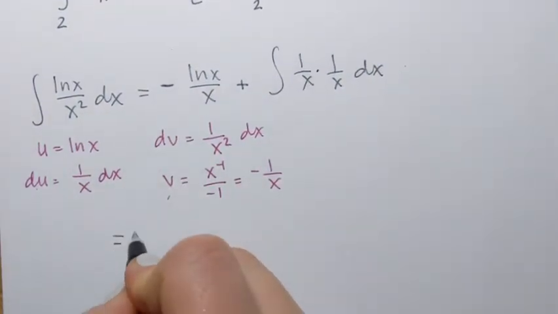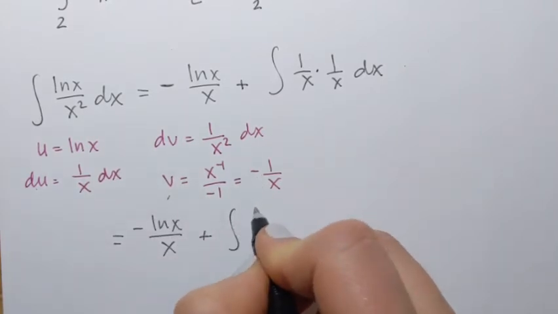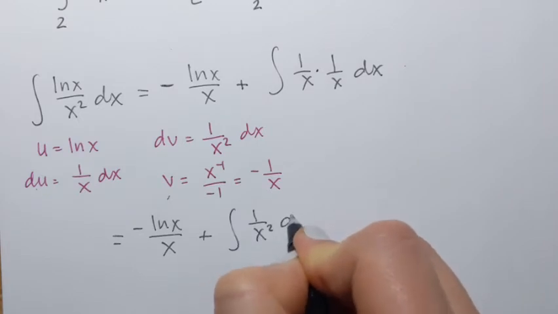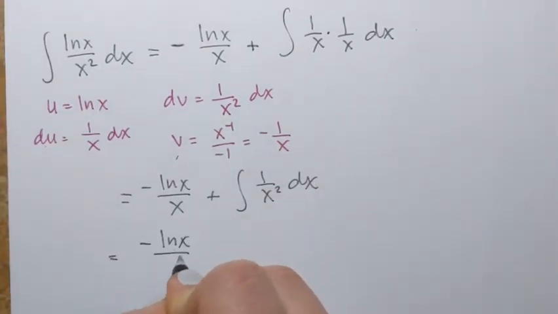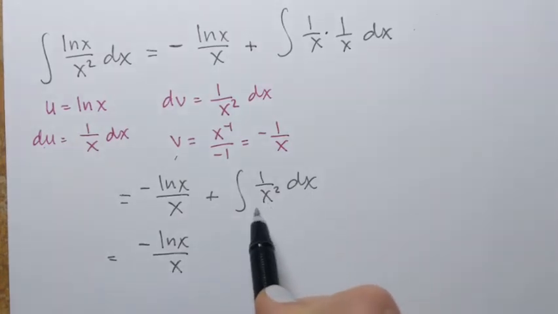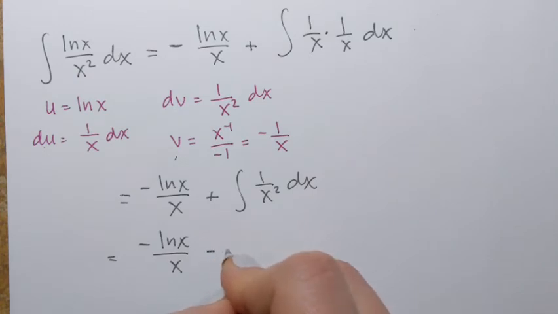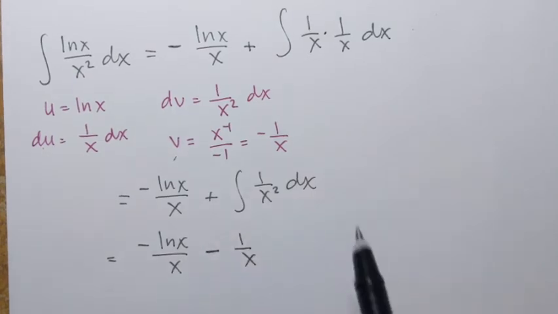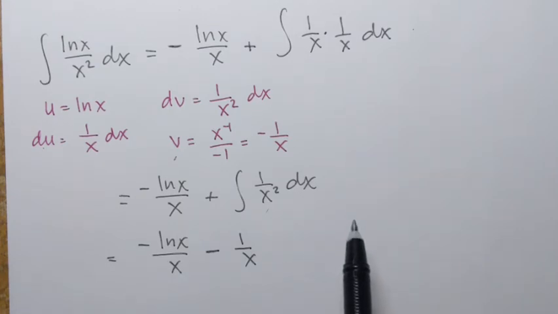So that's negative ln of x over x plus the integral of 1 over x squared dx. We just did that antiderivative, right? We know that it's going to be minus 1 over x right here. I already did that. Minus 1 over x.